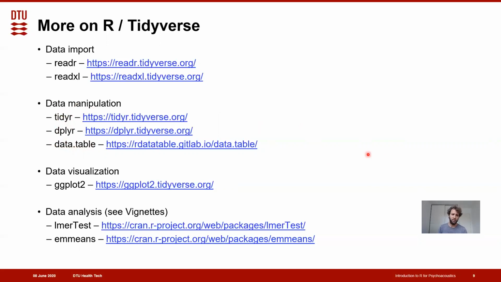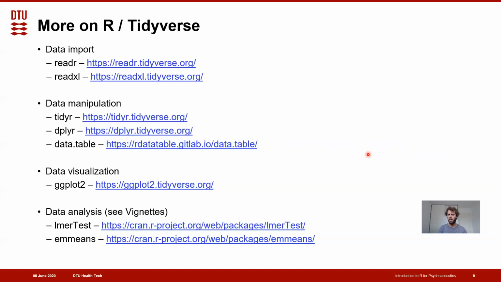Then for data visualization, I will show you ggplot2. Be aware, I will not give you a very detailed introduction to ggplot2. There are very nice resources online where people explain ggplot2 very nicely. And I will also get back to this very briefly. And then in the end, I will talk a little bit about data analysis, and you can see some vignettes.